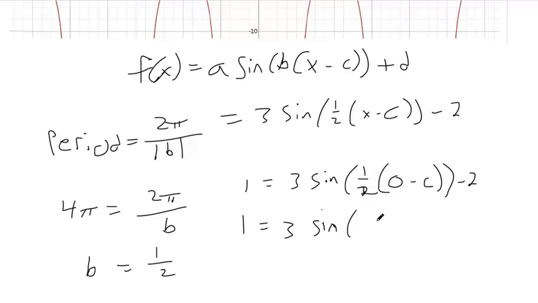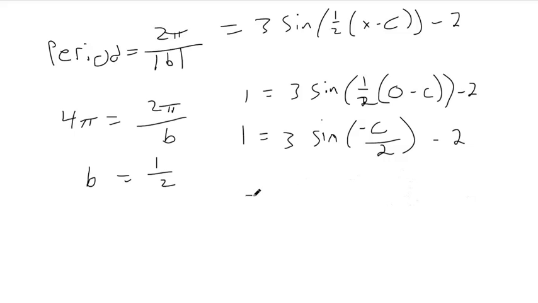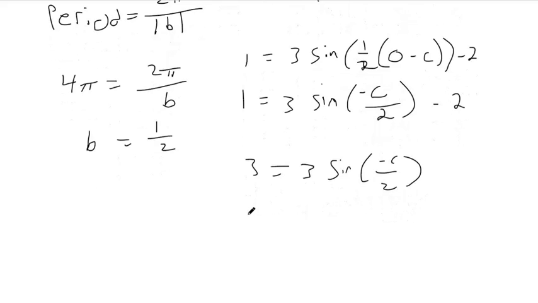That's 1/2 times 0, so this is a negative c over 2. We want to get the sine function by itself, so we'll add 2 to both sides. And we'll divide both sides by 3.